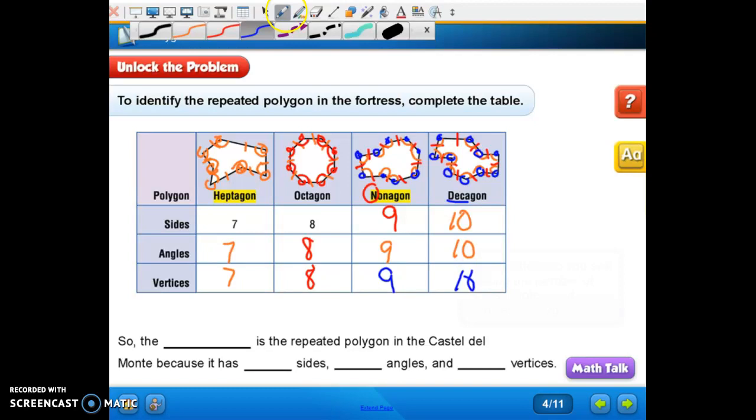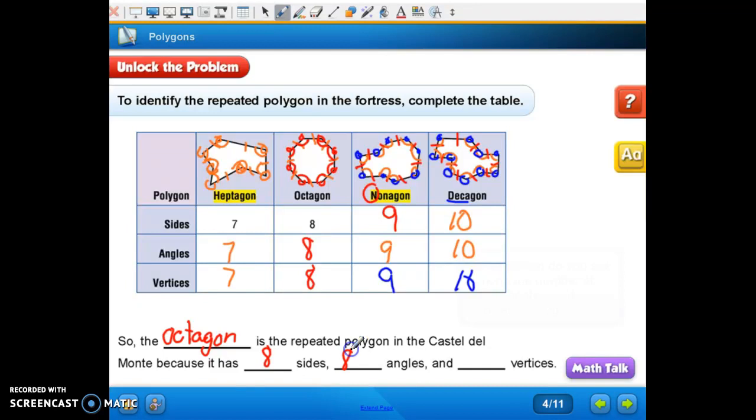What did we say it was for the castle? Octagon. And how many sides does the octagon have? 8. And how many angles? 8. And how many vertices? 8.